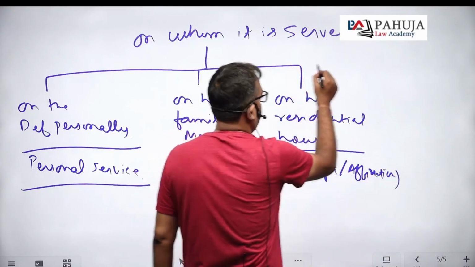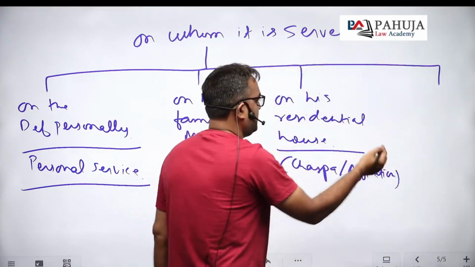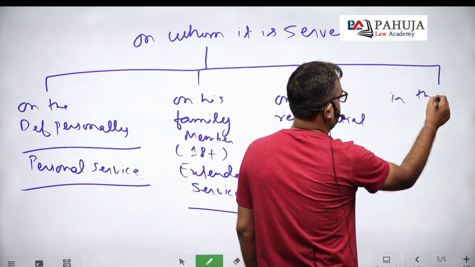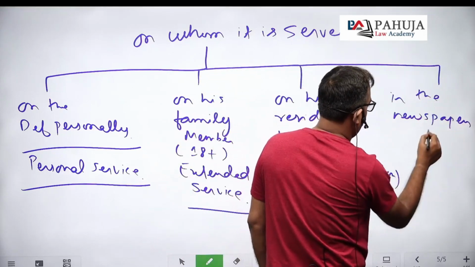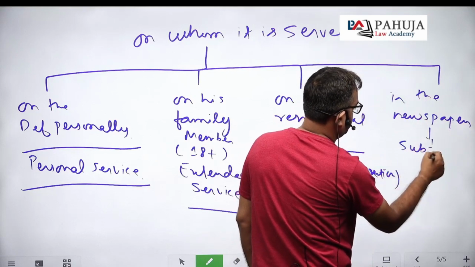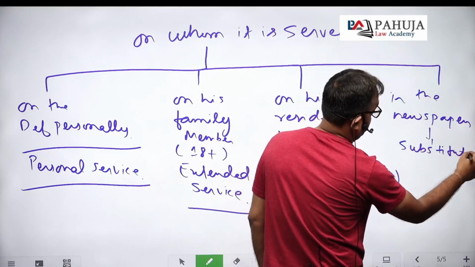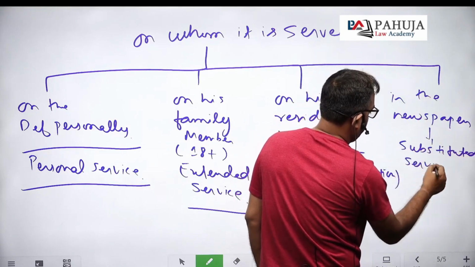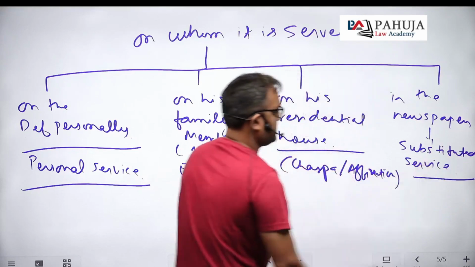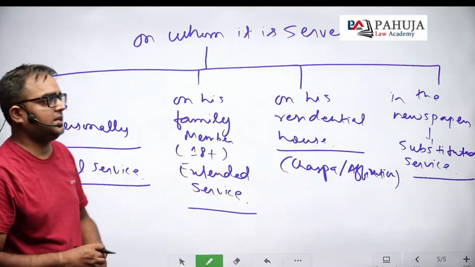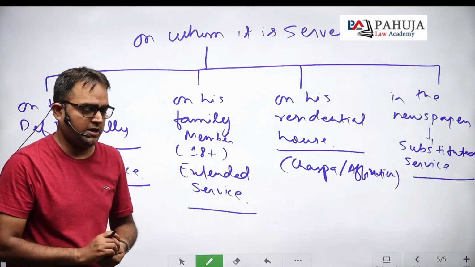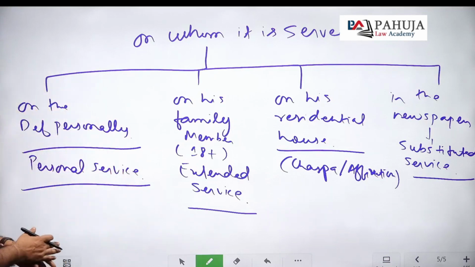And then lastly we have the newspaper advertisement in the newspapers. Okay, this is known as substituted service, right? So these are the methods or the means by which a summons can be served.